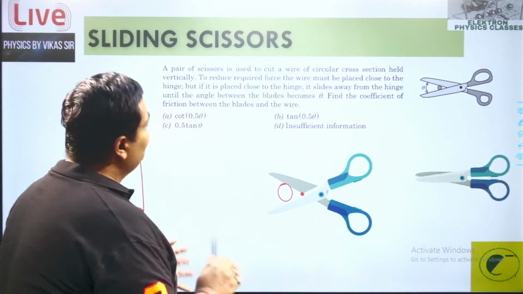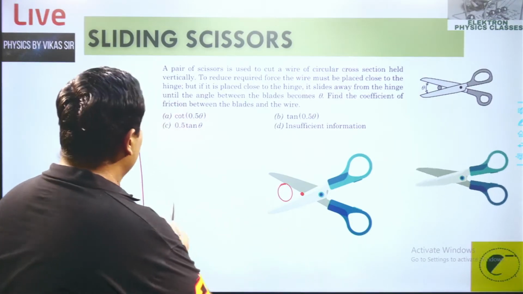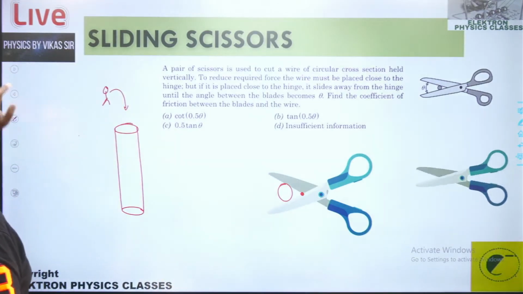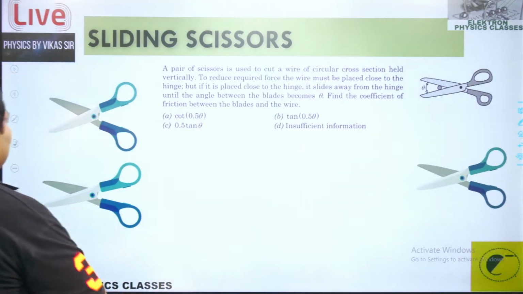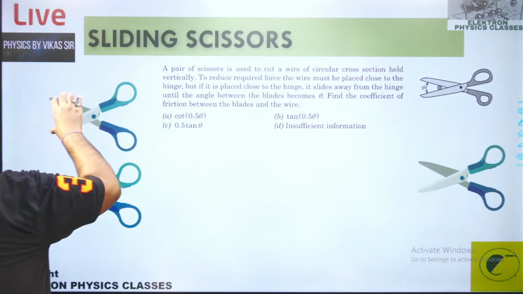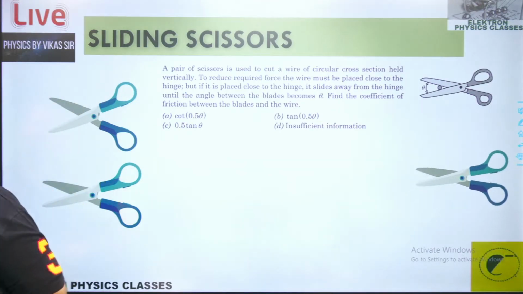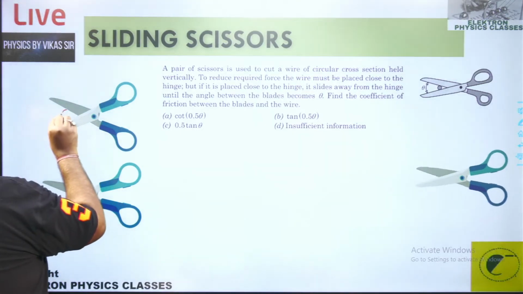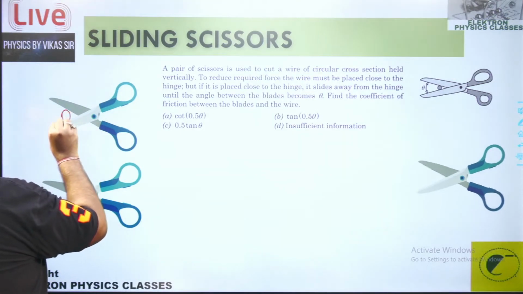It slides away from the hinge until the angle between the blades becomes theta. Let's observe that. I have just started folding this such that this particular angle decreases. So imagine that this was a diameter of the wire.